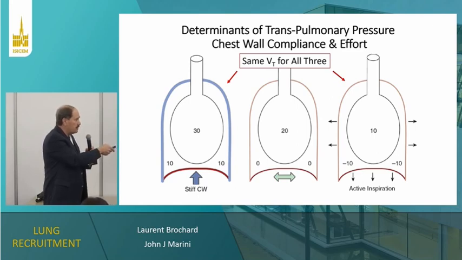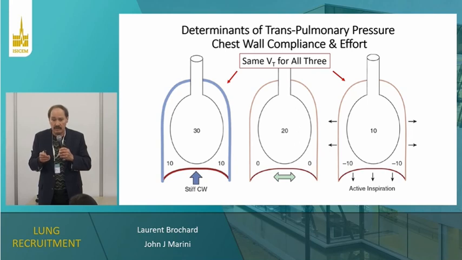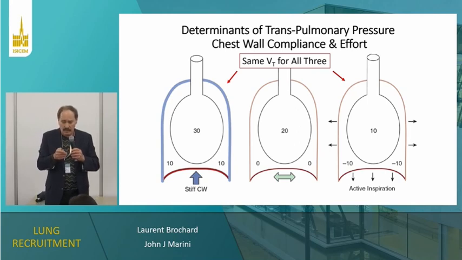And if we look to see what the volume is of the lung underneath it all, in those three circumstances, we have the same volume, the same tidal volume, but different recorded pressures. And since pressure and volume are very important to understand when you're talking about recruitment, you have to keep in mind that you really need to know the passive circumstances of the chest wall in order to get the accurate idea of what's happening inside the lung, right?